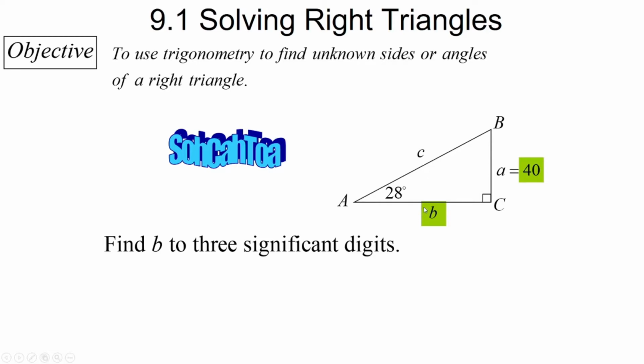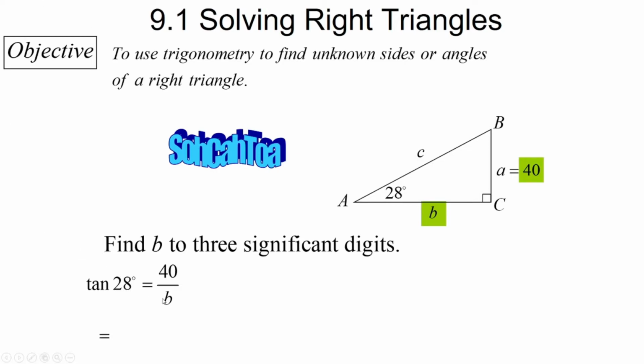All right? So opposite to adjacent is one of my trig ratios. And you see the TOA right there? That is tangent is opposite to adjacent. So we're going to go tangent of 28 degrees has to equal the trig ratio of opposite, or 40, over adjacent, or the B. And now we have an equation that we can solve for B. So if I'm going to solve for B, what am I going to do?